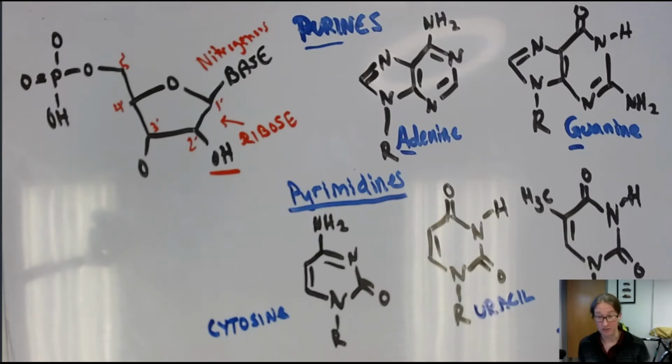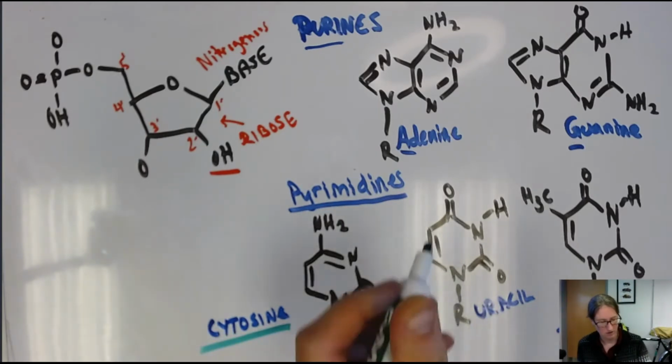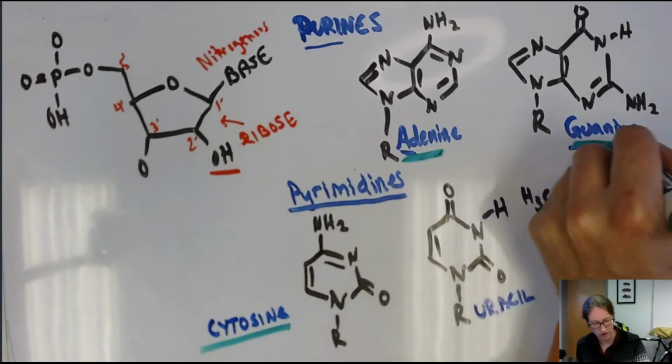Well, sort of. Because, reasons, for DNA, the deoxyribose sugar, DNA can have thymine or cytosine attached, as well as adenine and guanine.